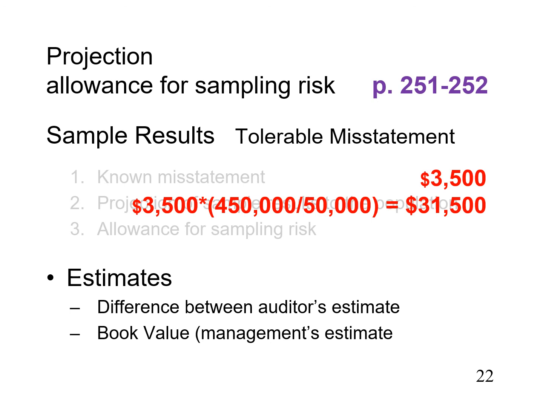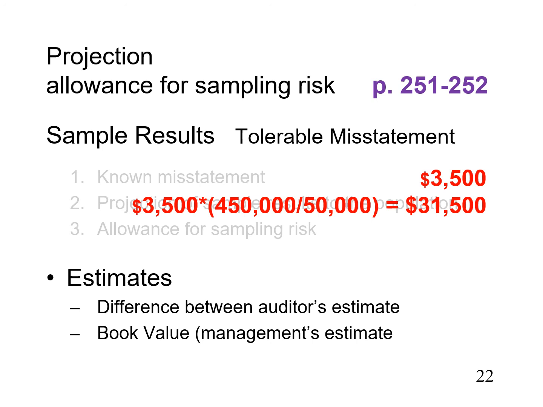They took a sample of 50 out of 450. So we can just invert that and make it 450 divided by 50, and that will project the error to the population. So our best estimate is that the population is overstated by 31,500, which is less than performance materiality.